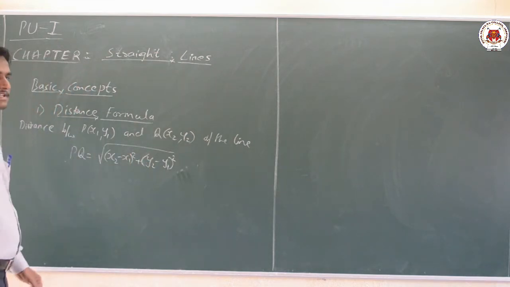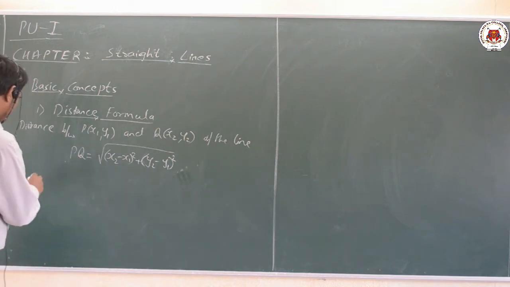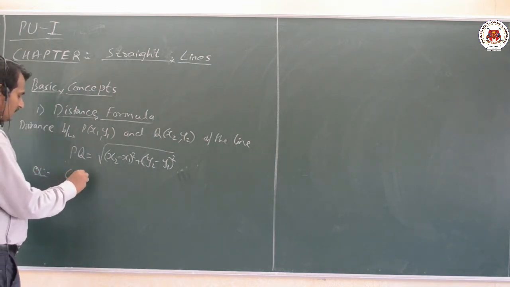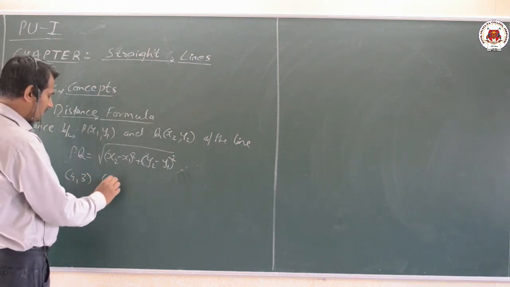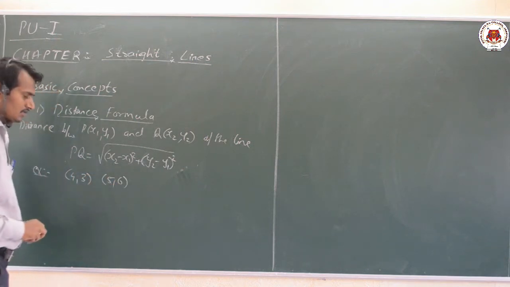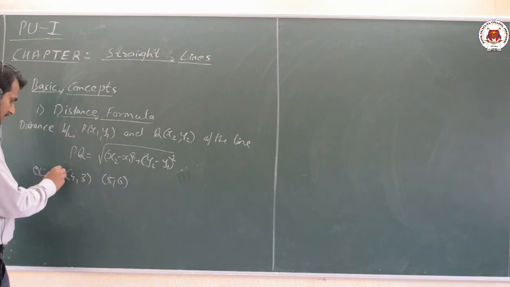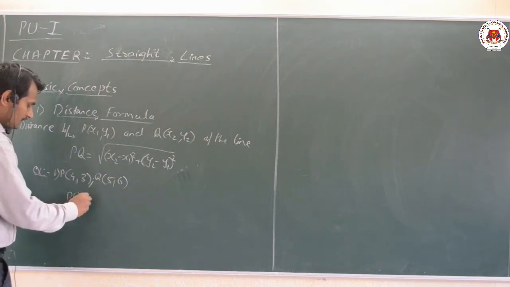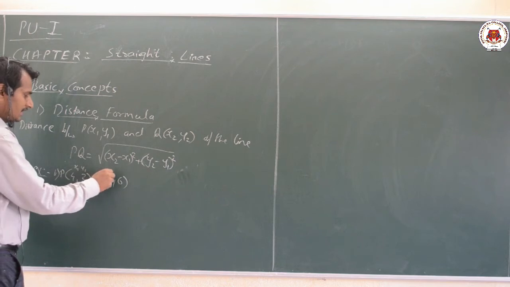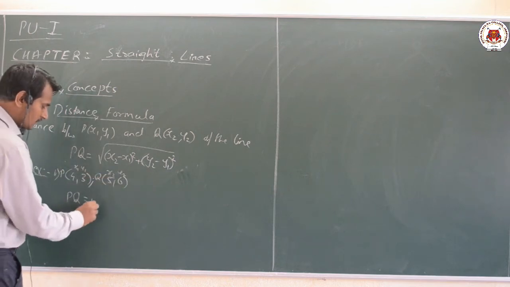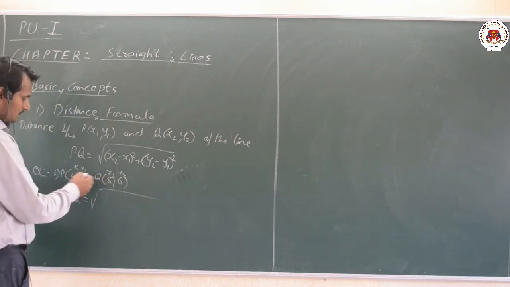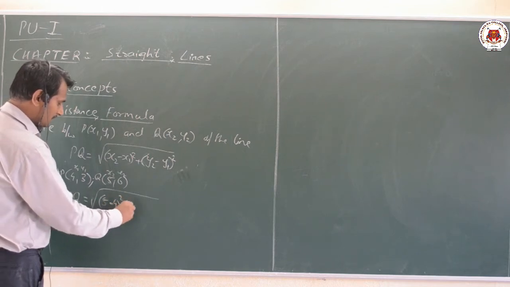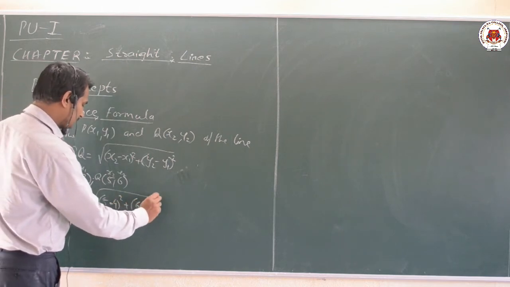Now you can take a very simple example: find the distance between the points P(4, 3) and Q(5, 6). So this is our point P and this is our point Q. Therefore PQ is equal to, with x1 y1 and x2 y2, square root of x2 minus x1, that is 5 minus 4, whole square, plus 6 minus 3 whole square.